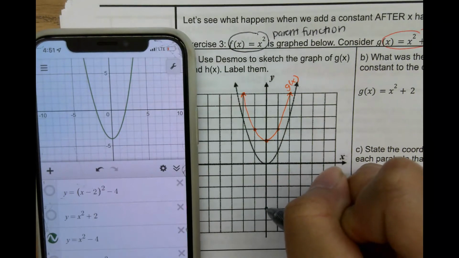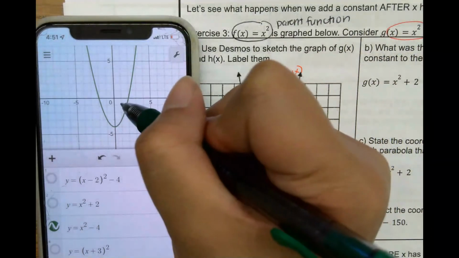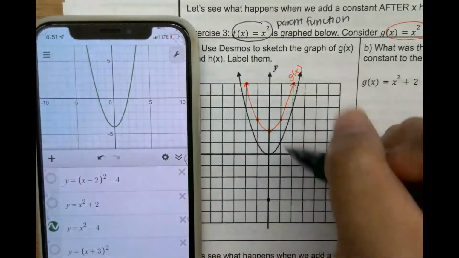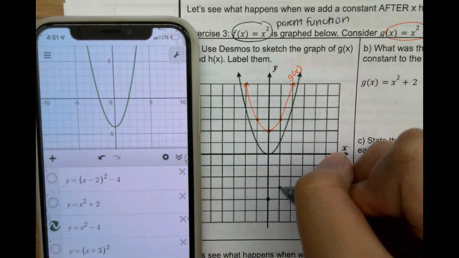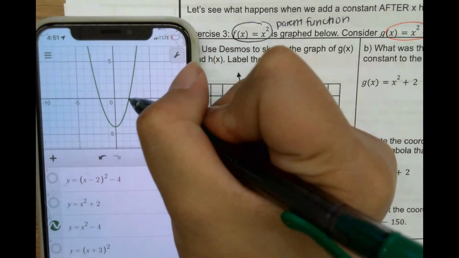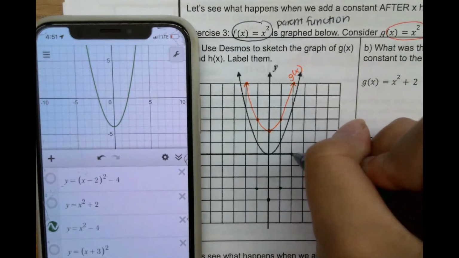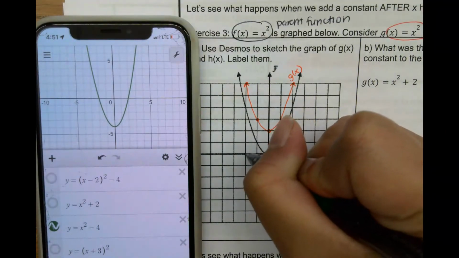Vertex here. Then the next point I see clearly is 1, negative 3. So 1, negative 3. And then mirror it over. Then the next clear point I see is that x-intercept here at 2 comma 0. So 2 comma 0. Mirror it over.